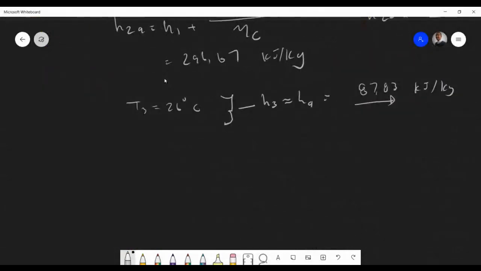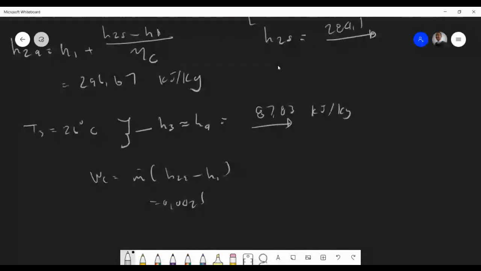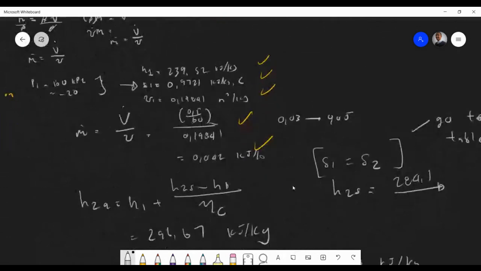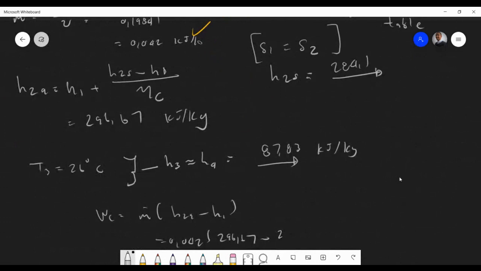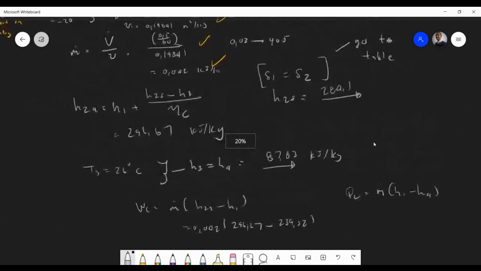So you can say WC is m dot times H2A minus H1, 0.042. H2A is going to be 296.67 minus H1, and H1 is going to be 239.52. And obviously you can also calculate your QL, which is also m dot times H1 minus H4. Easy, guys. Easy.